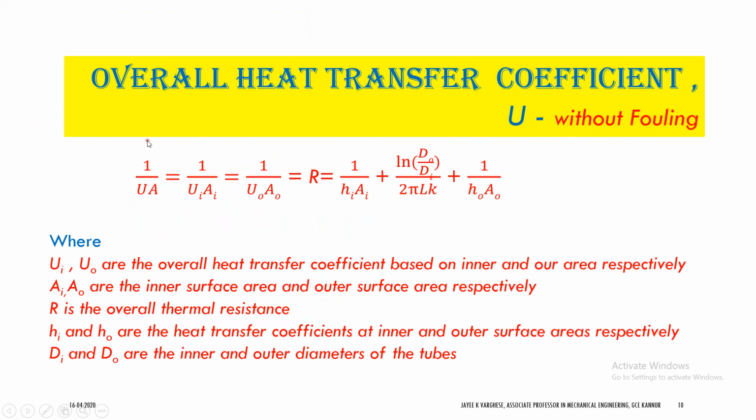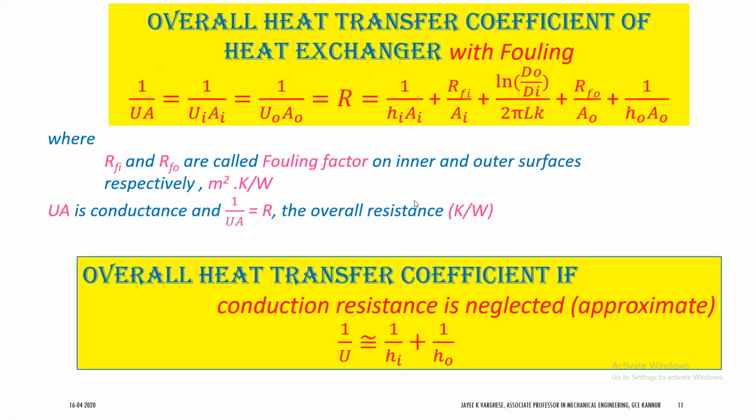Then the calculation of the overall heat transfer coefficient and the total resistance. There can be different equations without fouling or with fouling. So the fouling factor also needs to be considered in cases where fouling is there. A fresh heat exchanger will not have any fouling factor to be taken into account.